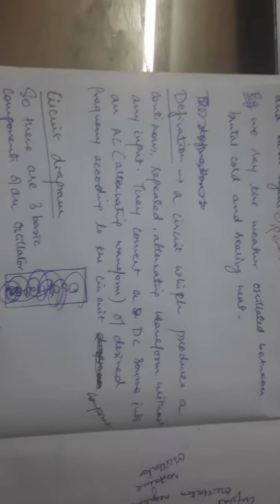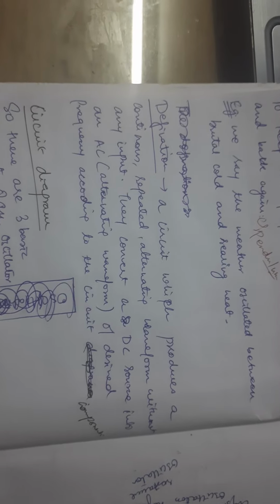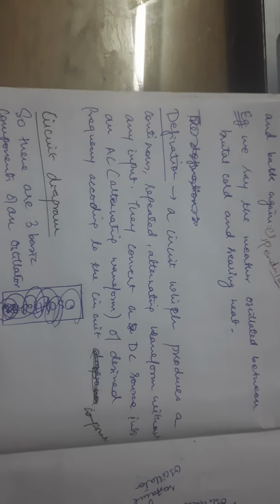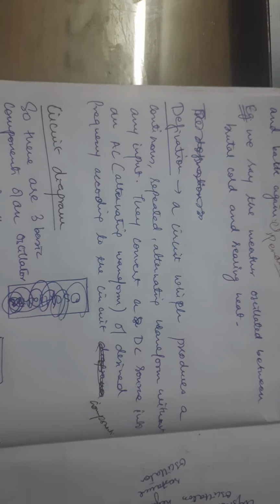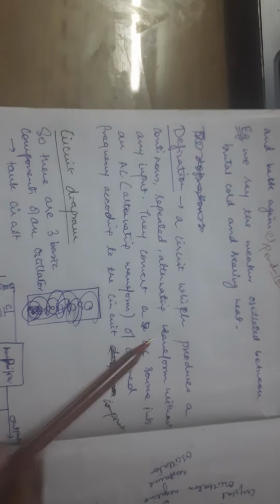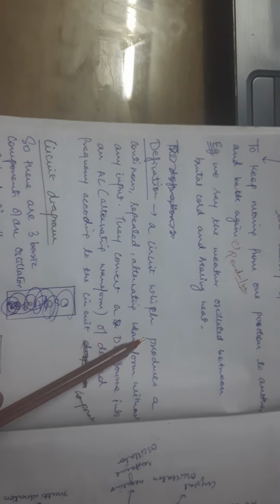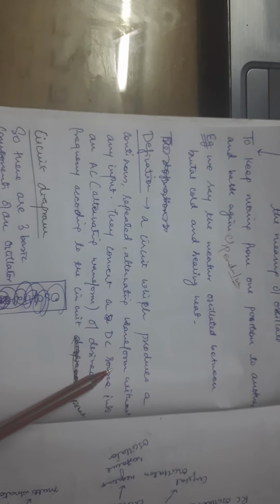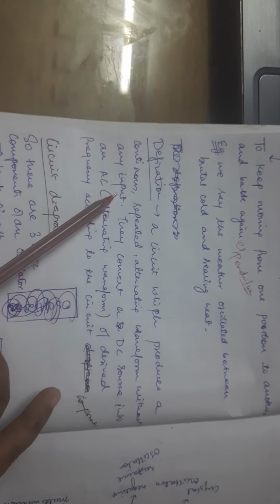So as per the mind map, the first thing we have to discuss is definition. Definition is, an oscillator is a circuit which produces a continuous repeated alternating waveform without any input.